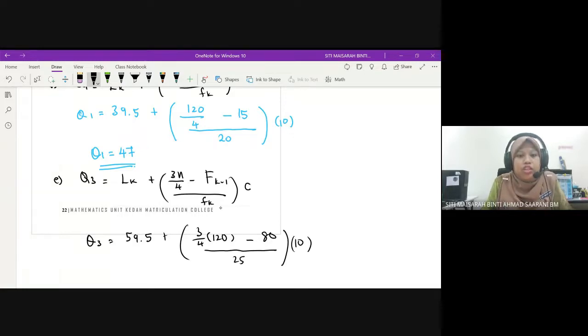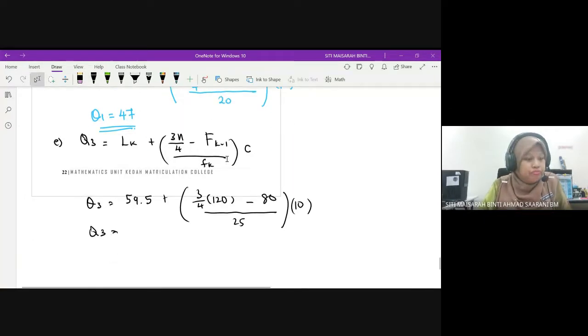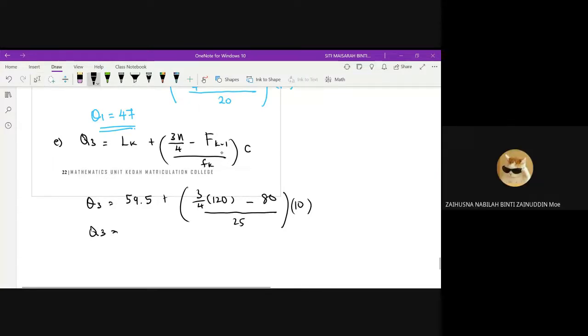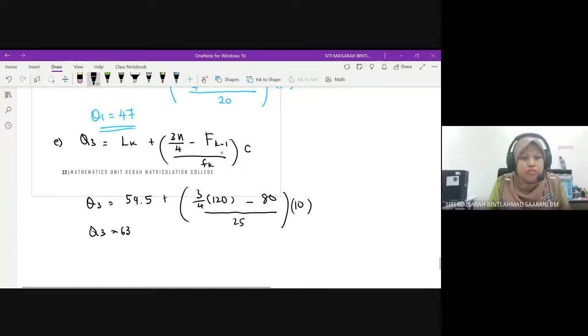So then you calculate your Q3. What is the answer for Q3? 63.5. So this is your Q3.